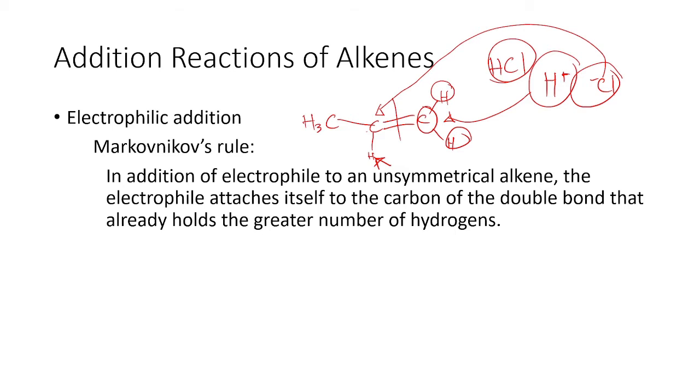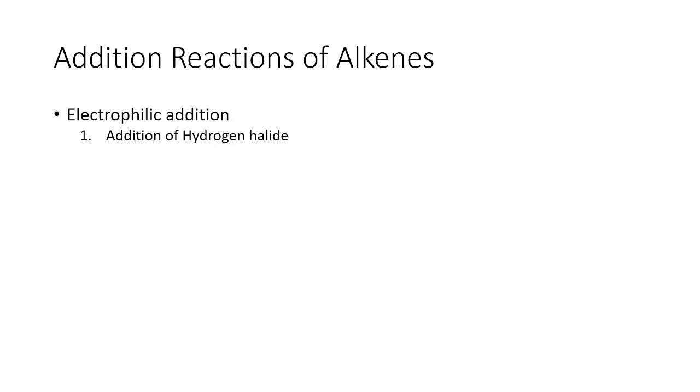So the first electrophilic addition will be the addition of what we call hydrogen halide. By hydrogen halide, if we have our double bond here, in the basic structure of our alkene, we will have our hydrogen halide, where H is the hydrogen and X is the halide. Also, the hydrogen halide can be HCl, HBr, or HI.